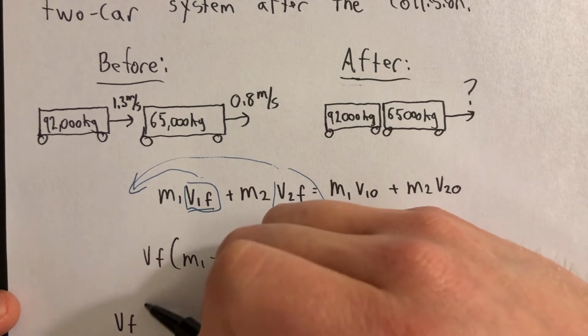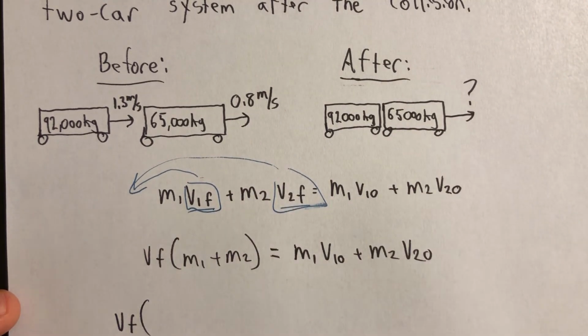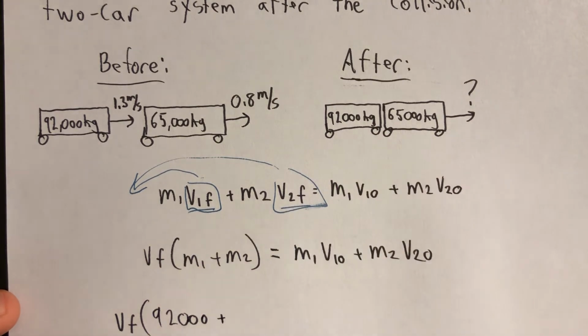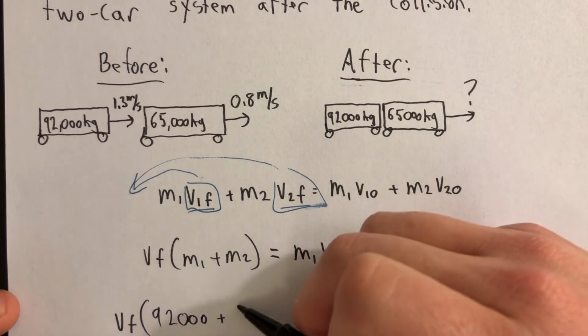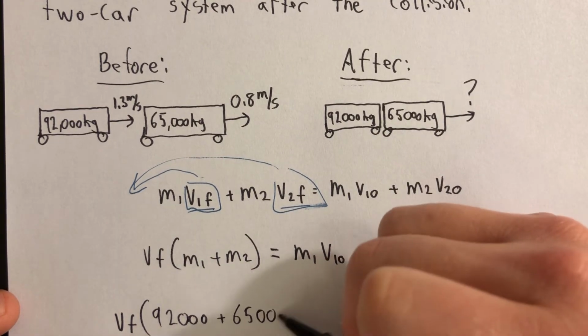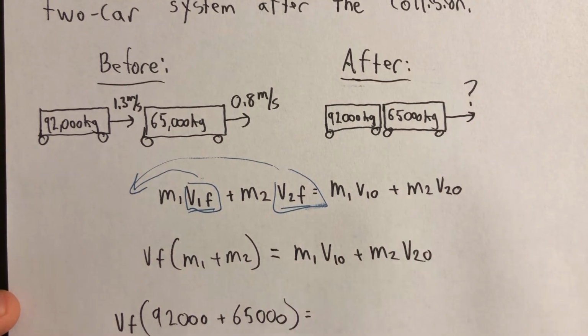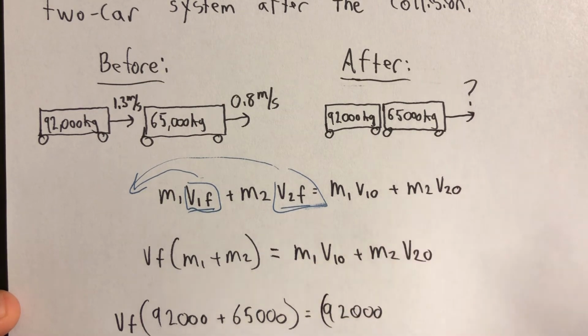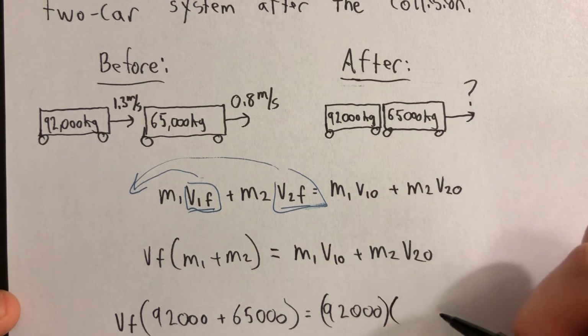So vf, m1 is going to be 92,000. m2 is 65,000. Once again, we got m1, so it's 92,000. Make sure you don't mix up your velocities here.